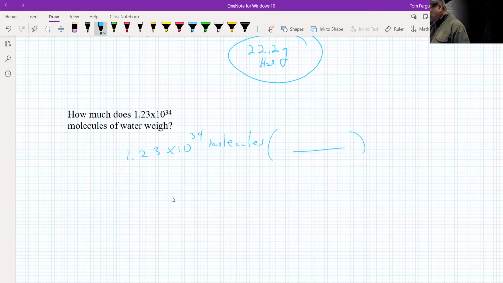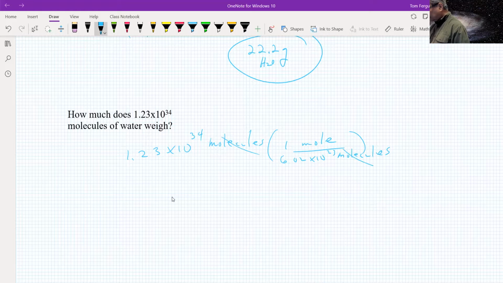Exactly, Avogadro's number. Okay, so the molecules cancel. Now we have moles of water.